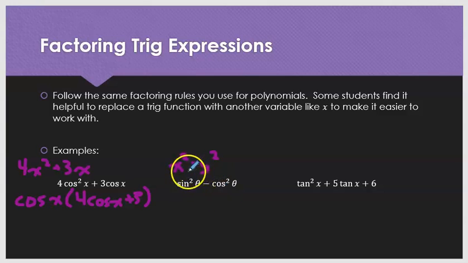This is a difference of squares because I have something squared minus something squared. So I know that the breakdown is going to be a plus b, so sine of theta plus cosine of theta, times a minus b, so sine of theta minus cosine of theta.